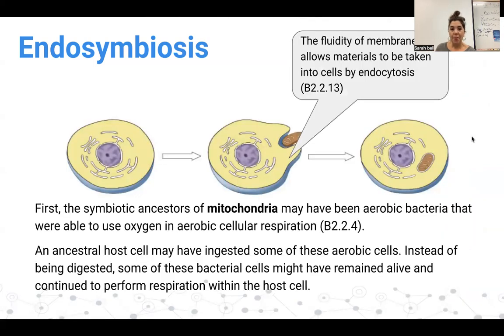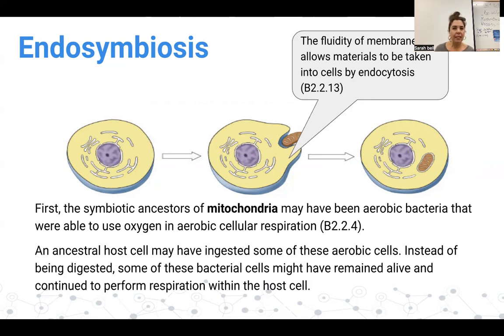Starting with mitochondria. So we think that the first symbiotic ancestors of mitochondria were actually aerobic bacteria that did cellular respiration, right, using oxygen. And at the time, they lived by themselves. They were simple cells that could turn food particles into energy.